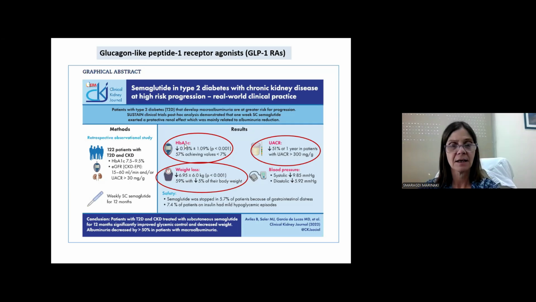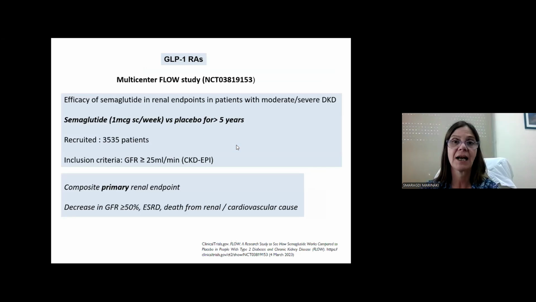And in many studies like this, it was indeed shown that they improve glycemic control, they lead to weight loss, but also albuminuria decreased significantly by more than 50% in those patients with macroalbuminuria. And this is a very promising effect in terms of the renal endpoints.